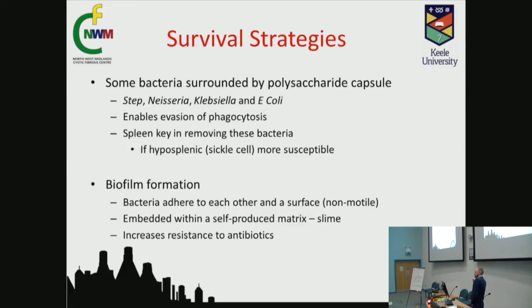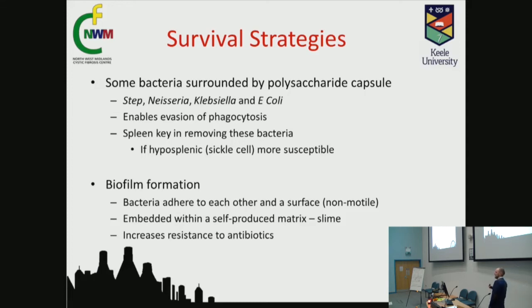Bacteria are extremely good at avoiding being killed, and they have many and varied strategies for doing that. We spoke about how some bacteria are surrounded by a polysaccharide capsule, and you'll have heard of encapsulated bacteria. Good examples of these are strep and Neisseria and the other ones we've listed there.